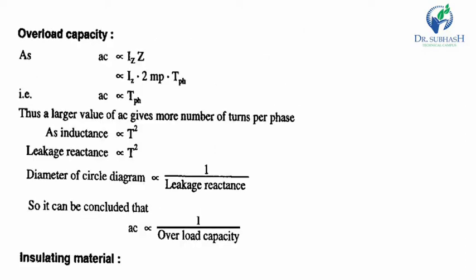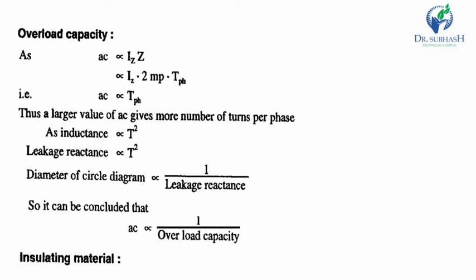Now the third one is overload capacity. In any induction machine, to find the output or overload capacity, we draw a circle diagram. The circle in the circle diagram describes the capacity of the motor.